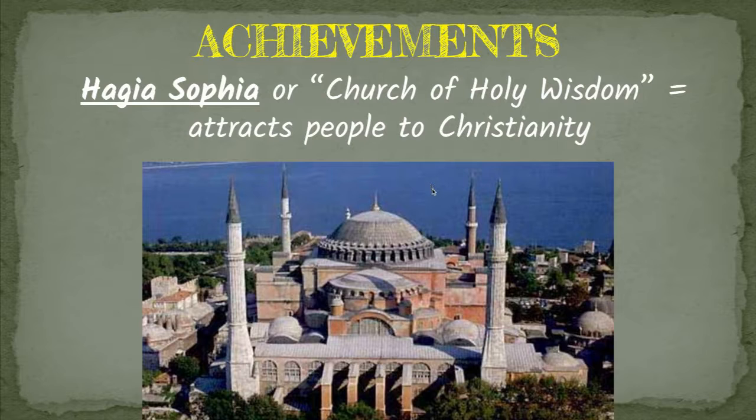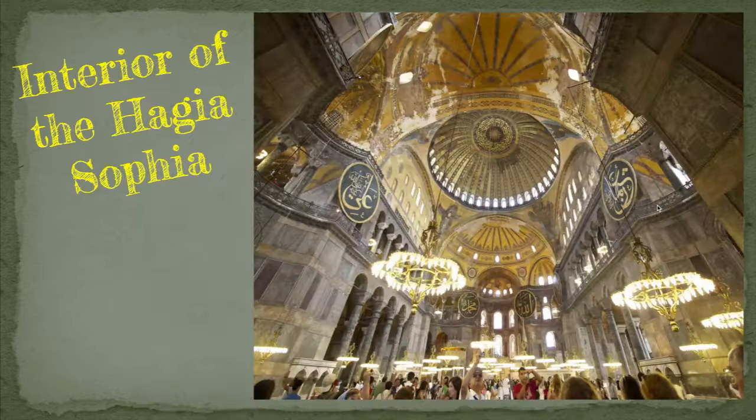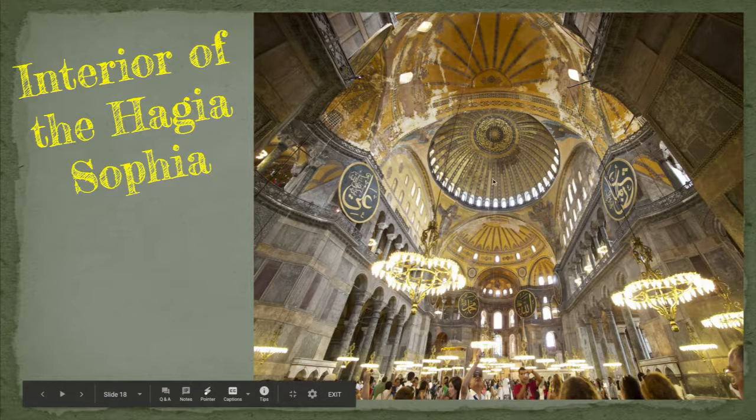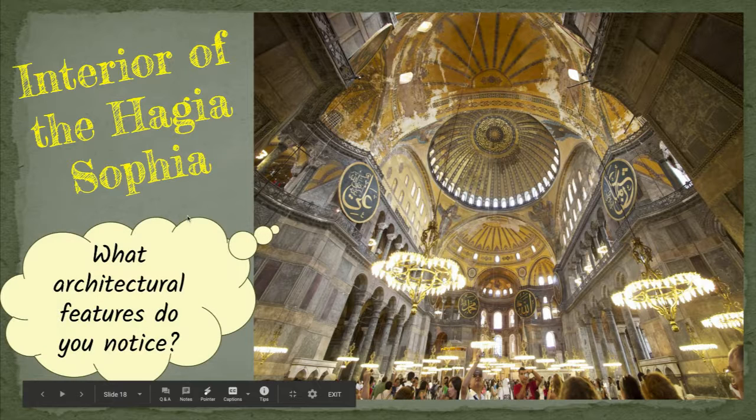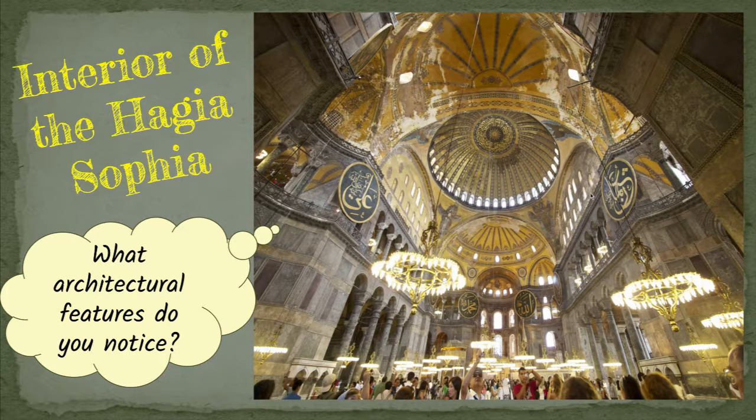So as visitors sailed up, they understood the power and the wealth of this city. And you can see the interior. Remember I said that the Statue of Liberty can fit under this center dome. And hopefully you can see all the different archways and domes.